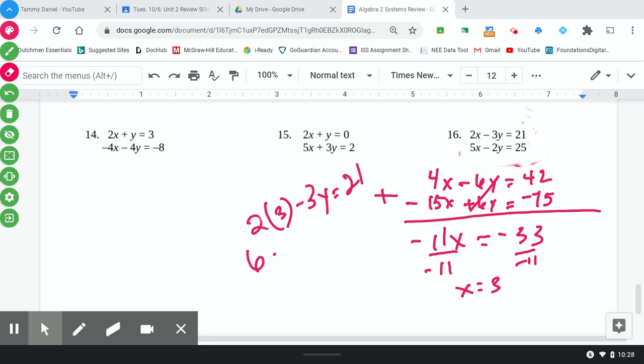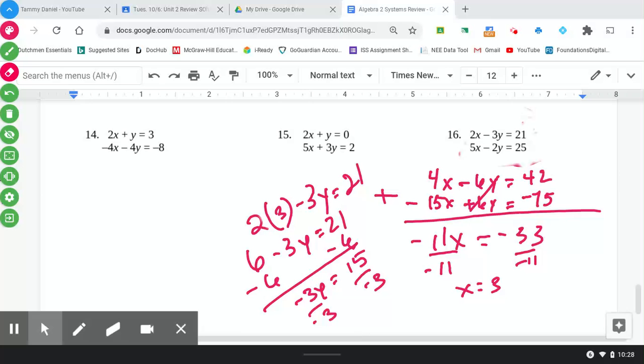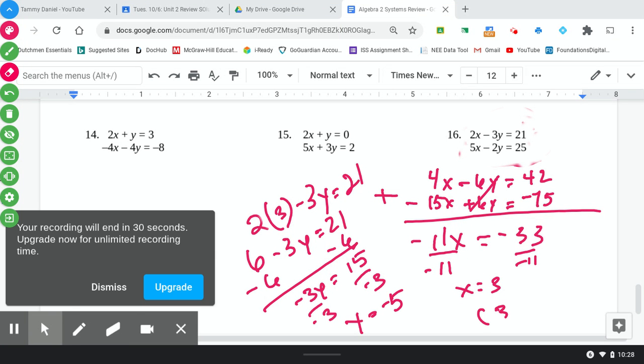So that's 6 minus 3y equals 21. So I subtract 6 from both sides, and you have -3y equals 15. Divide by -3, and y equals -5. So my ordered pair here is going to be 3, -5.